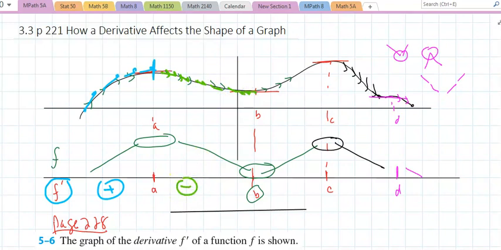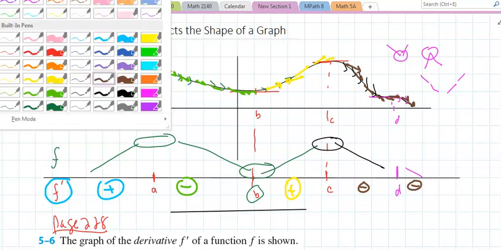And when it increases after that, I notice if I put a line, the slope of these tangent lines are all positive. And then the slope of these tangent lines are all negative. And then it's negative again.